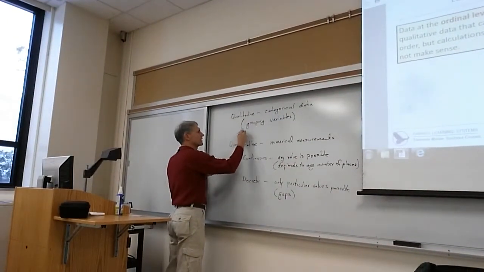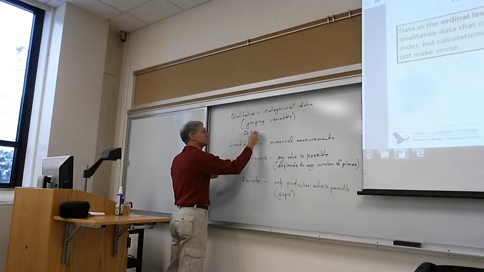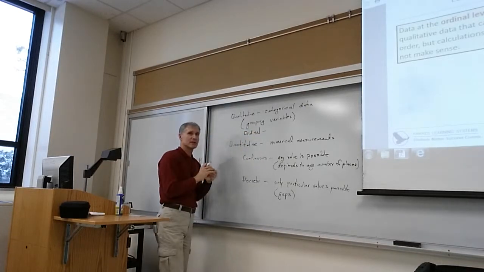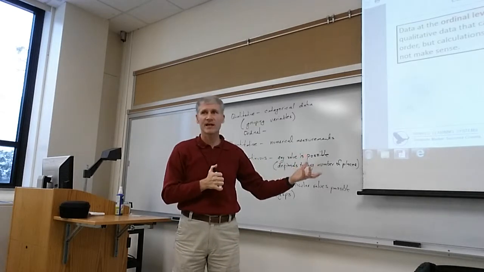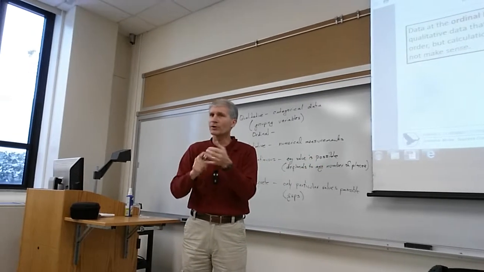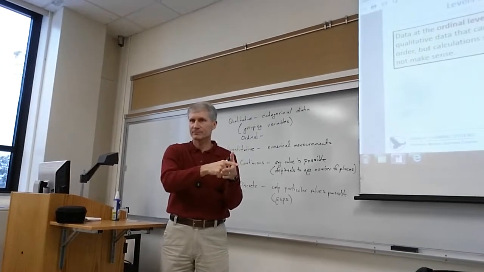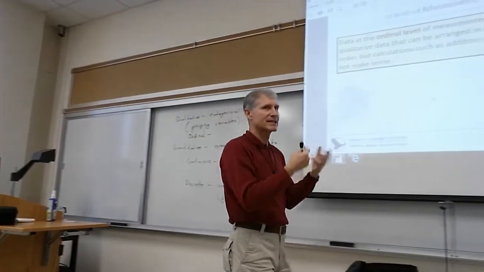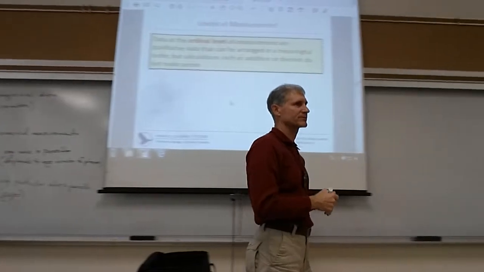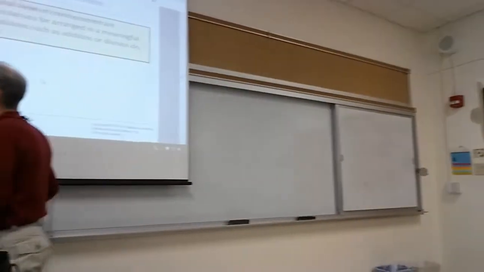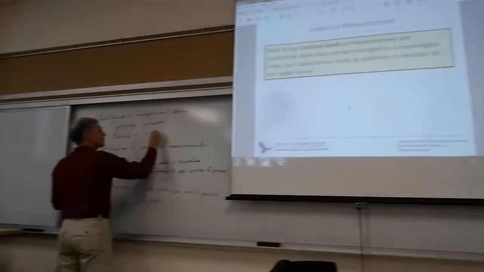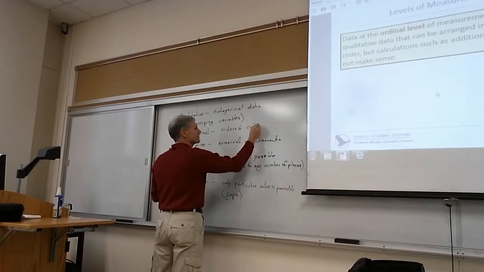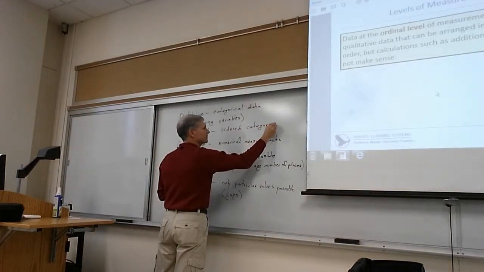And it goes under here. Ordinal data is categorical data or qualitative data, but there's a natural order to the categories. Okay? And the most common example of that are rating scales. Right? So ordered categories we call ordinal data.